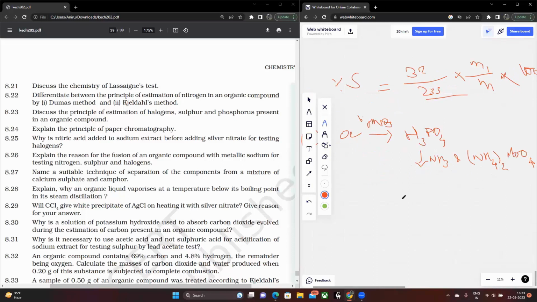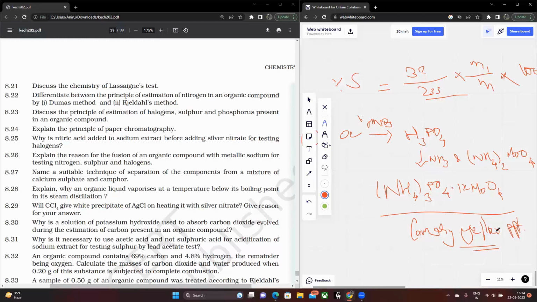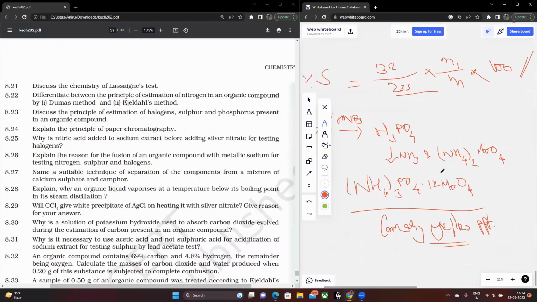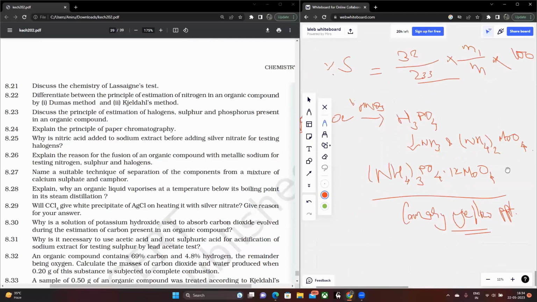What this does is you get the complex (NH4)3PO4·12MoO4. This is a canary yellow precipitate, a bright yellow precipitate. You can see it if you do it in your labs. You'll get a very bright yellow precipitate if you're lucky enough to have ammonium molybdate in your lab.